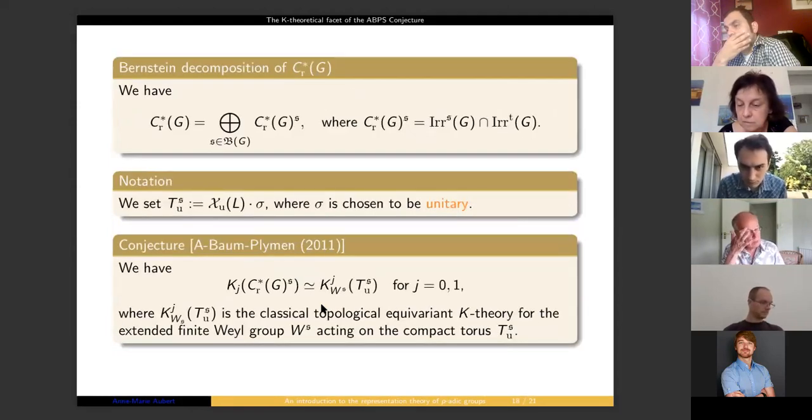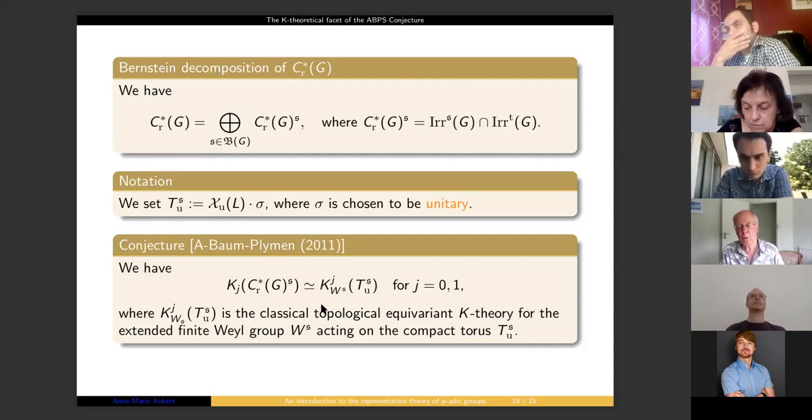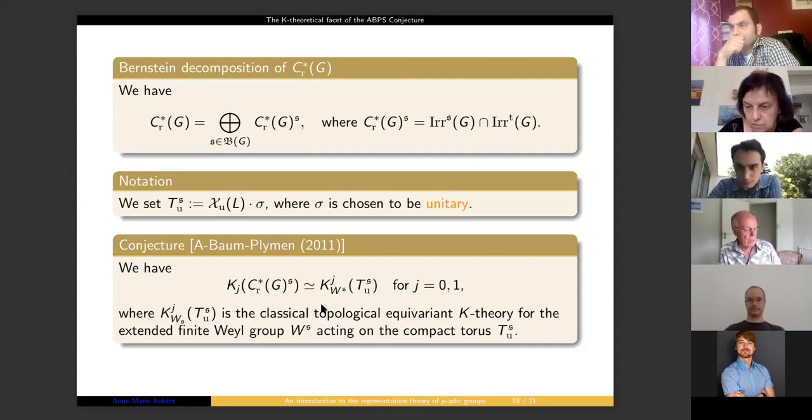Now, the simplest possible situation is when that little s is such as to produce the spherical principal series for SL2. Everything unitary.